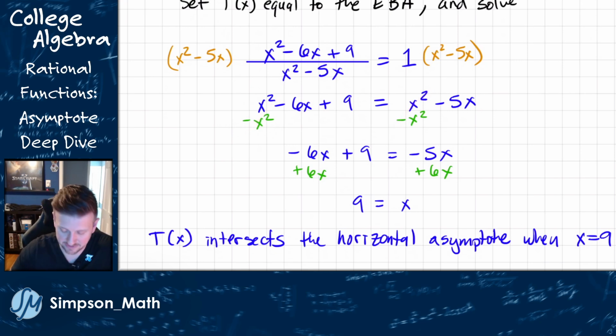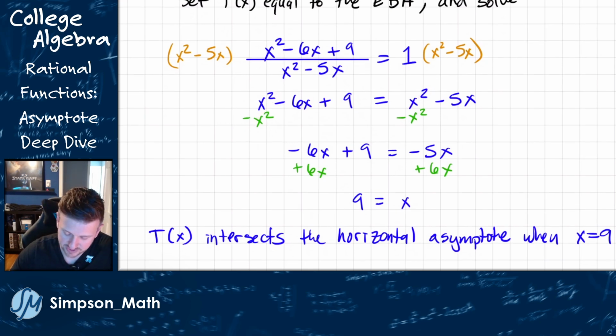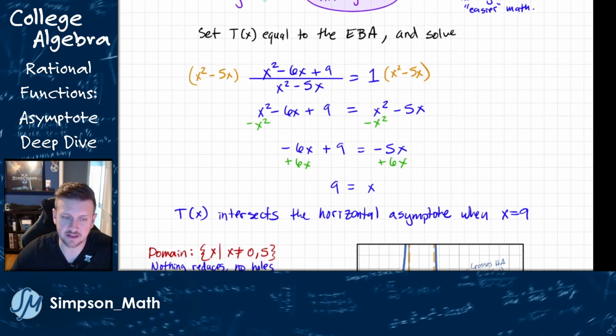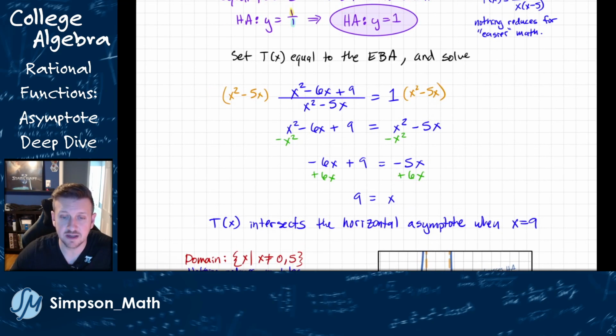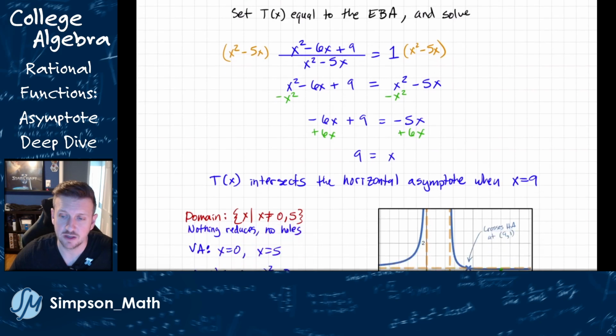Then get my x's together. I'm going to add the 6x over to the right. When I do, I get a positive x, and that's all my x's together. So now I have just 9 equals x. So 9 is x. That means that the function t of x intersects the horizontal asymptote, or end behavior asymptote, when x is 9.